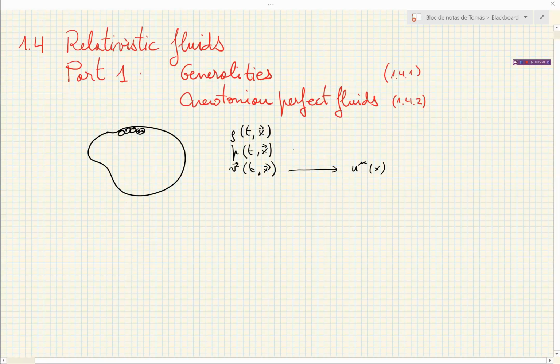If we take into account all the possible variables that can characterize these fluid elements, the description of fluids becomes very complicated. So one starts with an idealized version of these fluids, which are characterized by only these three quantities. These fluids are called perfect fluids.